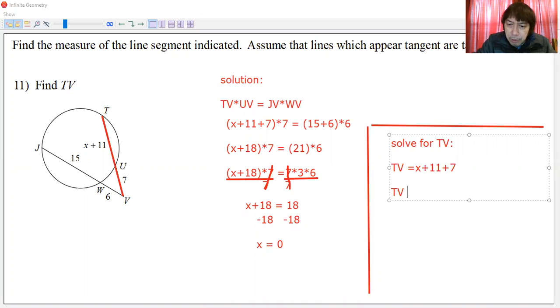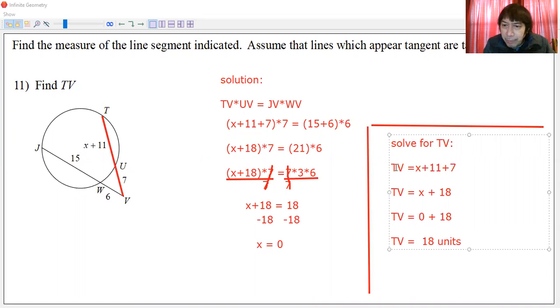Also, TV is equal to x plus 18. And so this TV is equal to 0 plus 18. Final answer is 18. So TV is 18 units. There. That's our final answer.